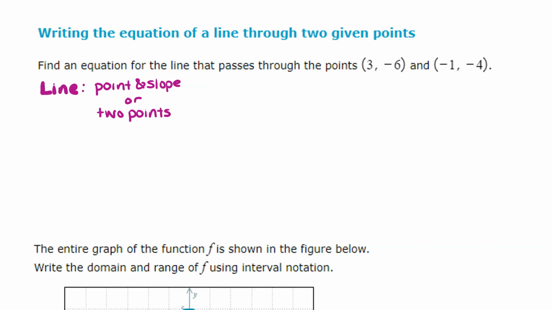Now, either way, if you have 2 points, then you can find the slope, and then you can follow the point and slope rules. So if you know a point and a slope, you're going to have 2 options for what you're going to do. Okay.